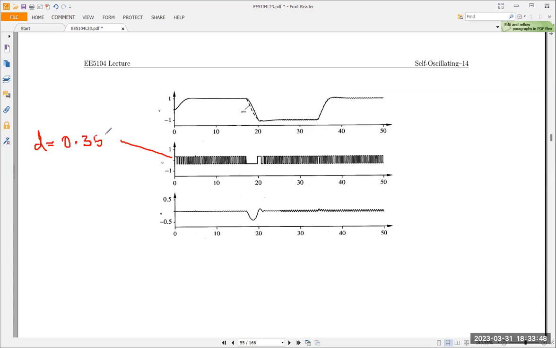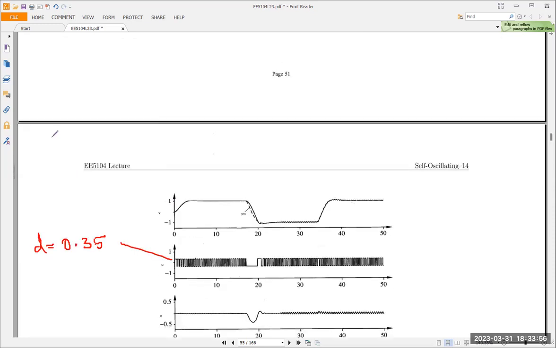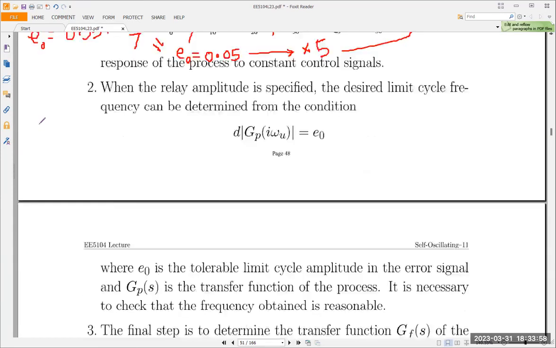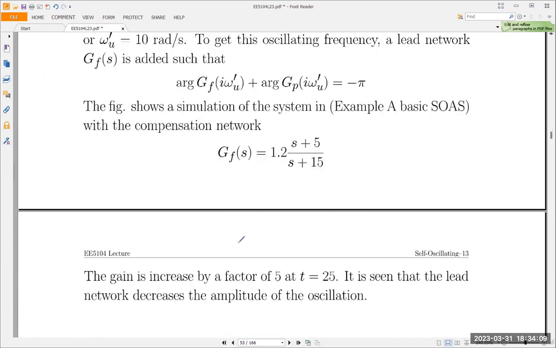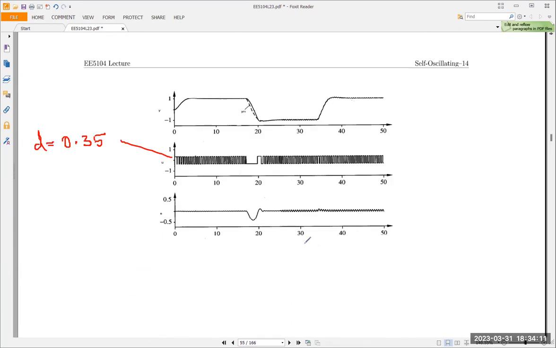No change to the relay. Then the next thing is the new specification. You cannot stand having such oscillation of 0.05 here. So you reduce it to 0.01. Which means now you want this to be at 0.01.